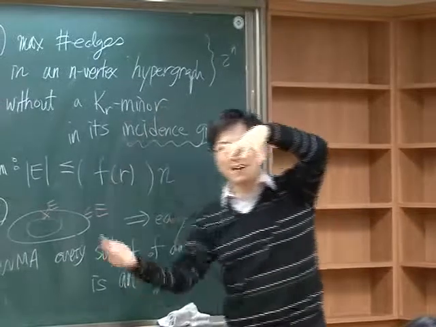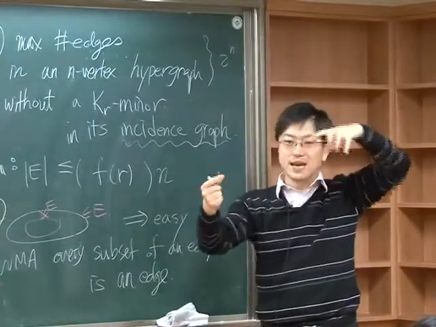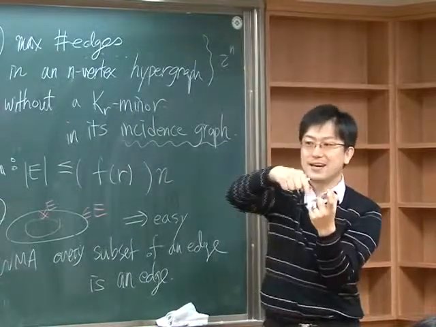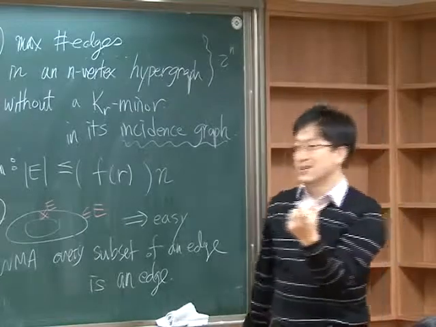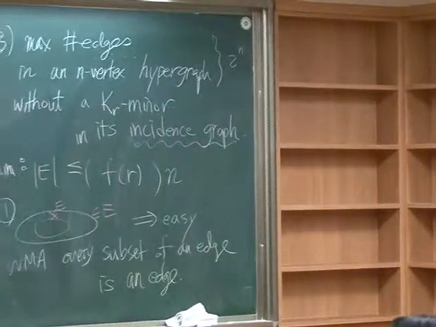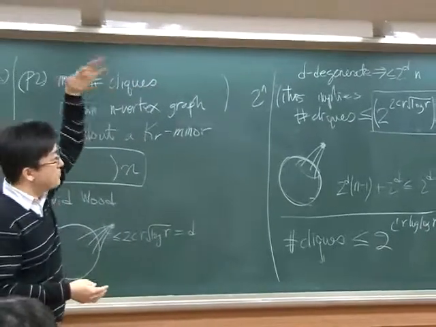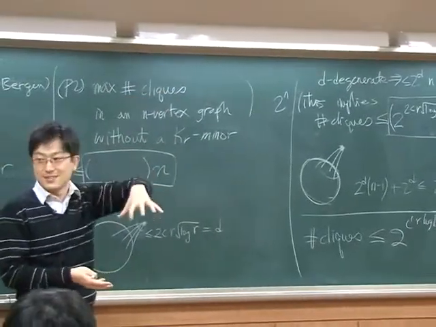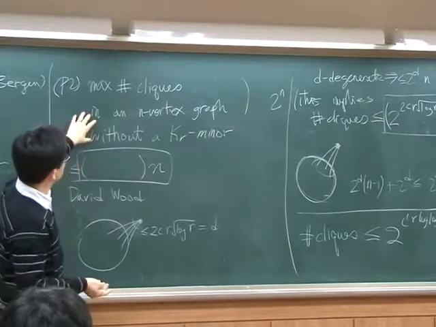Whenever you have an edge in the hypergraph, then for every pair of its vertices, there is another edge which joins only those 2. So you go to this situation: you have a graph where every edge of the hypergraph induces a clique. So you can apply this.